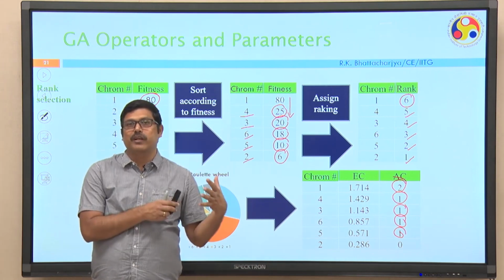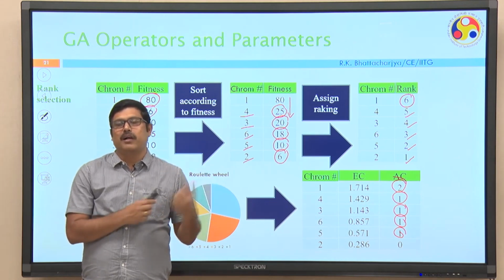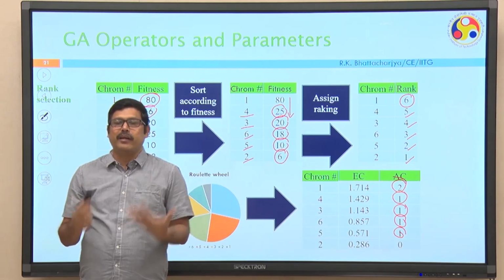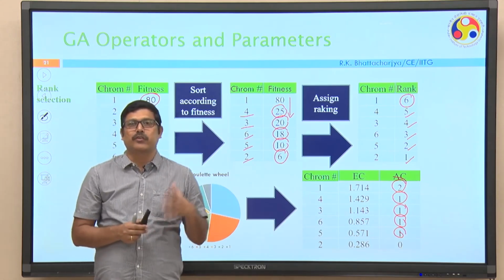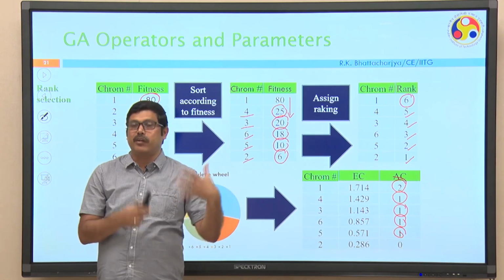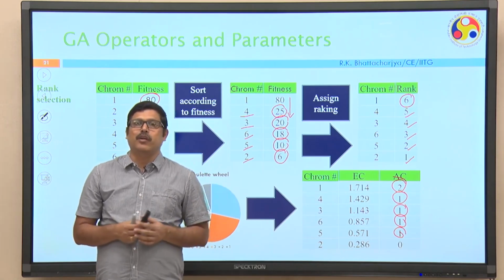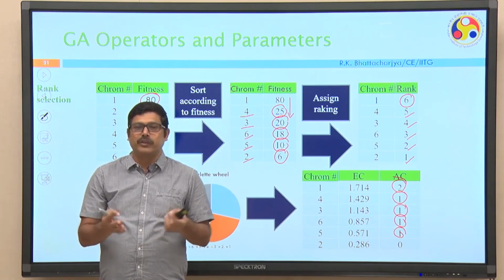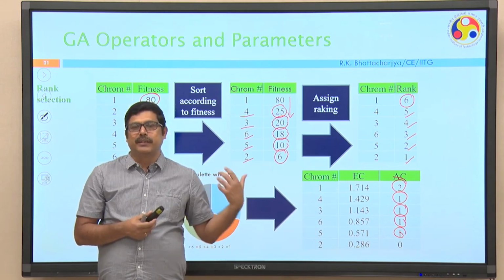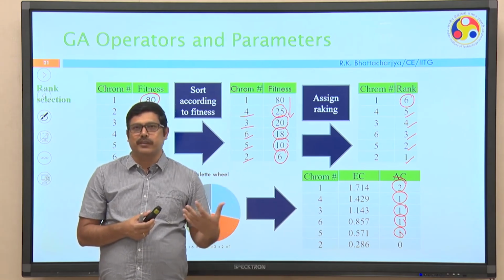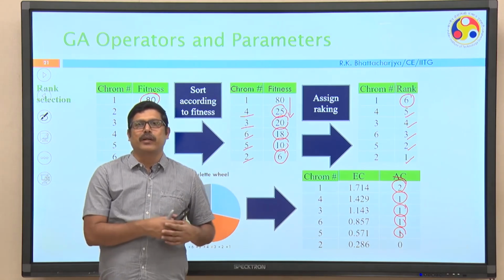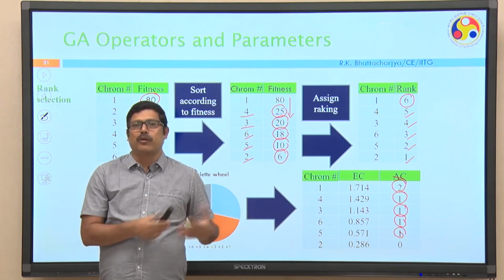So, if you have 6 solutions, after operating this selection operator, you should get another 6 solutions. These are the properties of this selection operator. You can have your own selection operator which fulfills this function, or as I have discussed, you can use one of them.